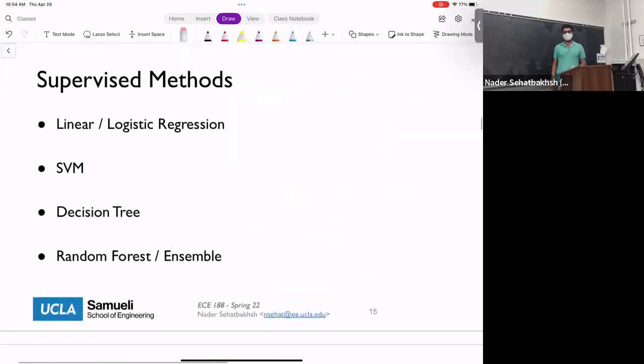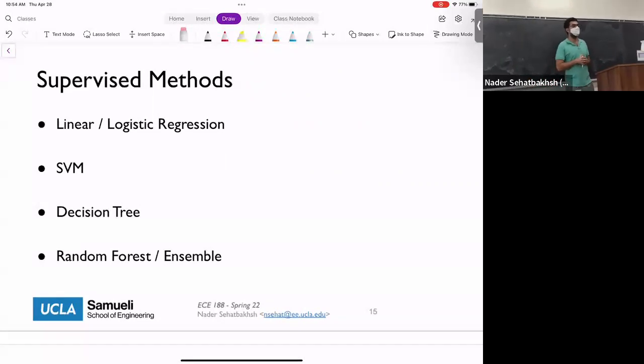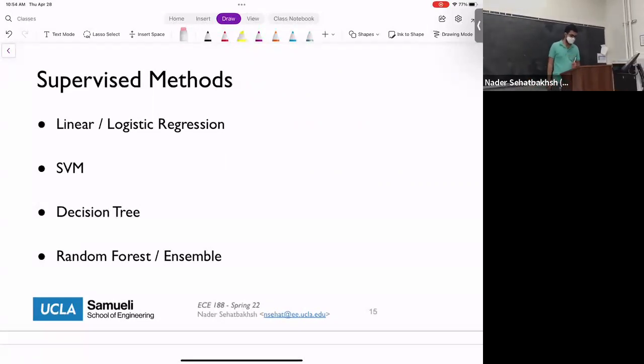Before jumping into the neural network model, it's also important to mention that there are lots of other supervised methods, including SVMs, linear regression, decision trees, or what is generally called ensemble learning, one example of which is random forest. These are the functions that we use as our model.